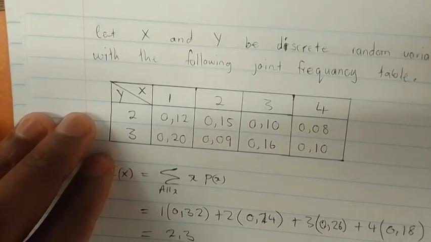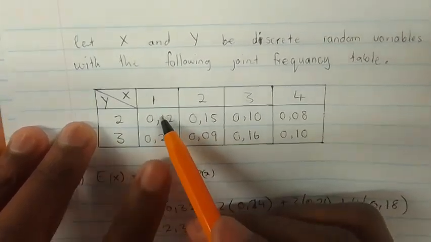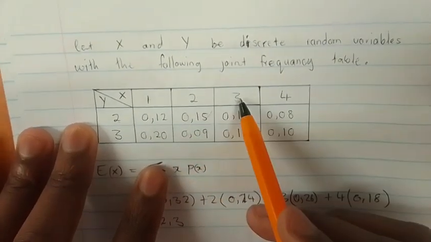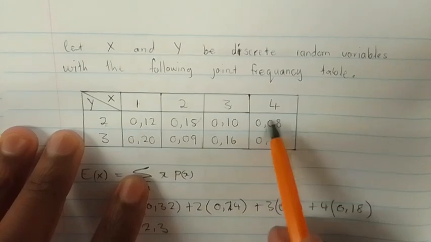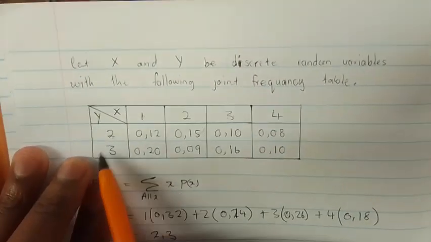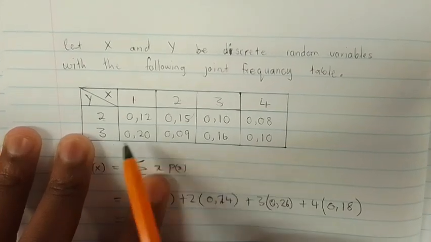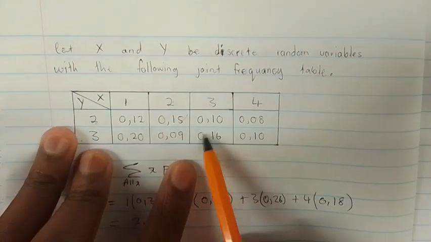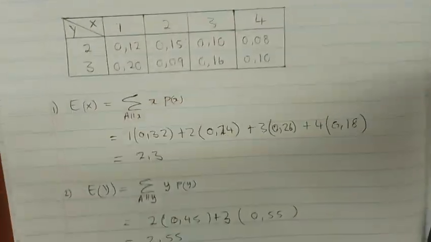It says multiply x with y. Multiply 1 by 2, take this probability, plus 2 by 2, that's 4, multiply with this probability, plus 3 by 2, multiply with this probability, plus 4 by 2, multiply with this probability, plus 1 times 3, multiply by this probability, plus 2 by 3, it's 6, multiply with this probability, plus 3 by 3, that's 9, multiply with this probability, plus 4 by 3 is 12, multiply with this probability. So that's what you're going to write here.